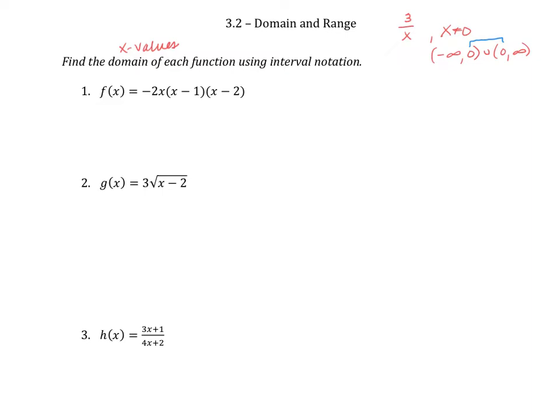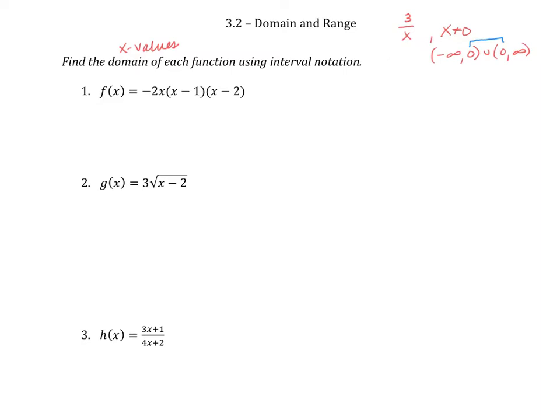Okay, so we're looking for exclusions. For number one, we don't have any exclusions. Here's what you're looking for. You're looking for a fraction, because you have to exclude the numbers that would make the bottom 0. And we're looking for a radical symbol, because if you have a square root, what's under the square root has to be non-negative.